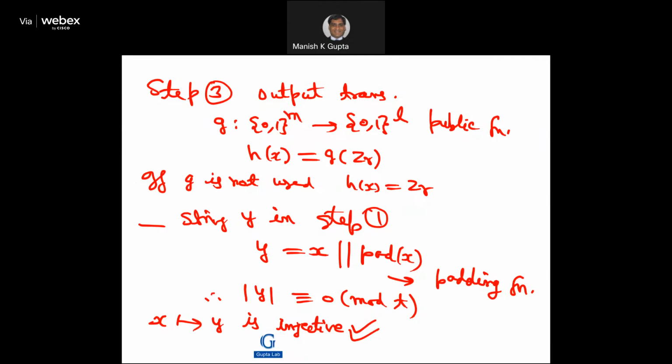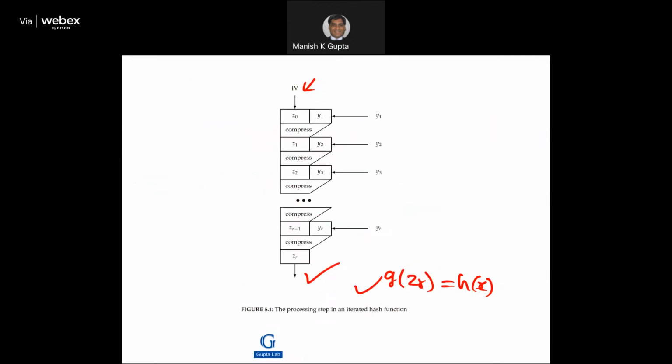If G is not used, H of X is Zr, and that is our output. If G is used, H of X is G of Zr. So at this step, to the output Zr we apply the public function G, and then we get H of X. This is the general technique of the compress function.